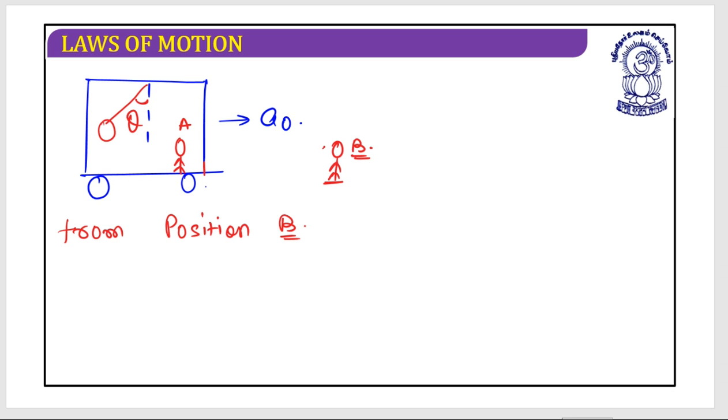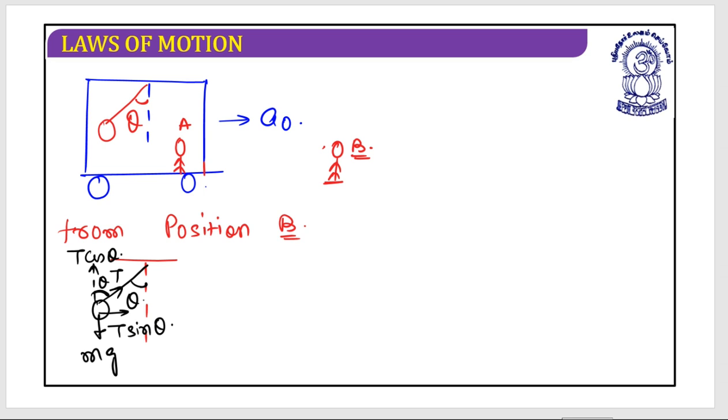From position B, I'm going to observe this situation: this is the bob, this is angle theta. This is T, and if this angle is theta, from the geometry we have this as theta as well. This is T cos theta, this is T sin theta, and this is mg.